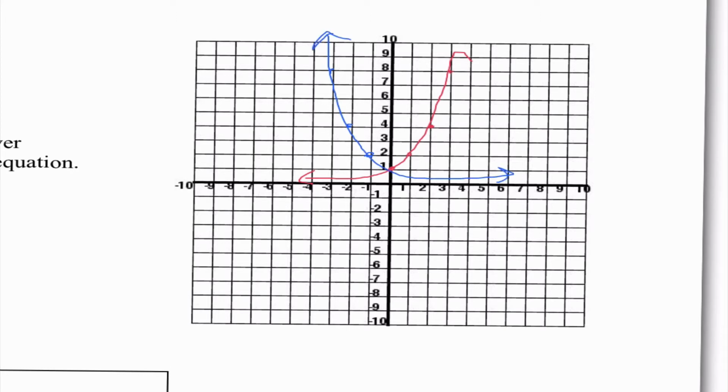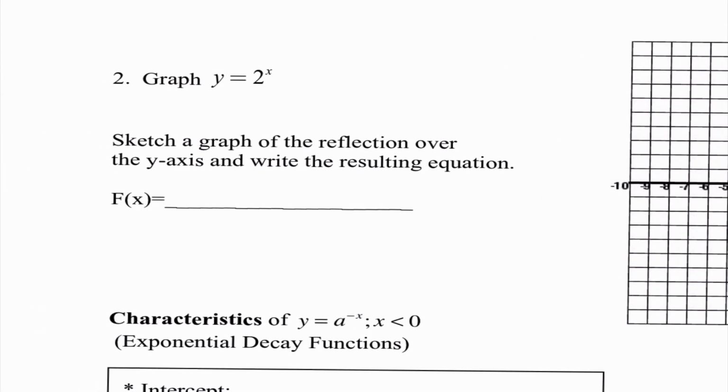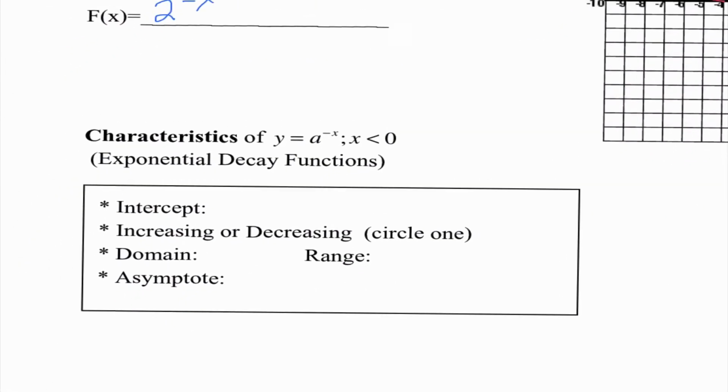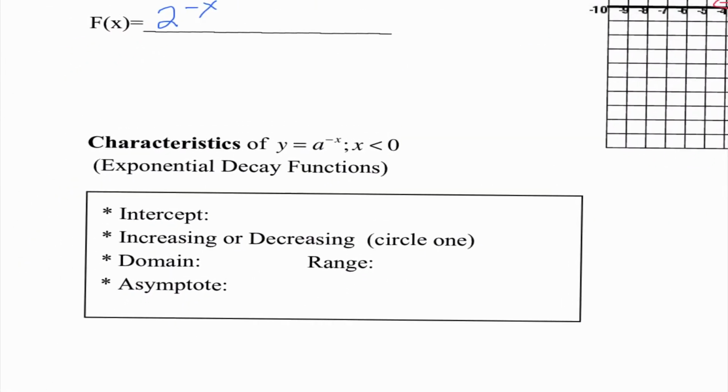And we may remember from our previous chapter that a reflection over the y-axis means that we have a negative inside the function. So this is going to be f of x equals 2 to the negative x. So notice my negative is inside our function. And we actually call this an exponential decay function.